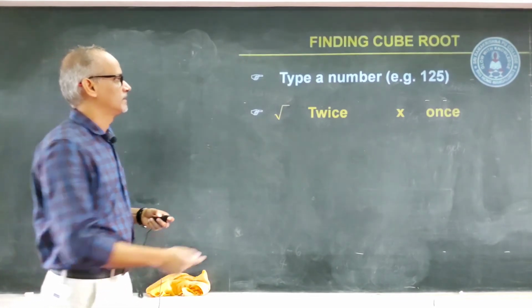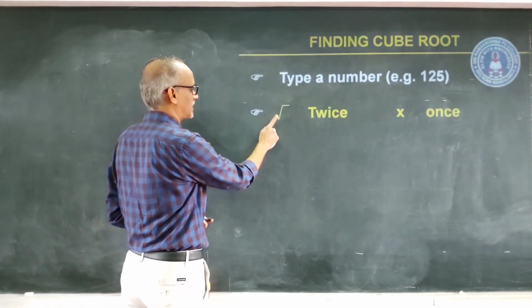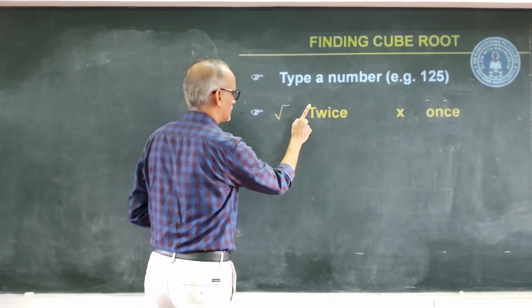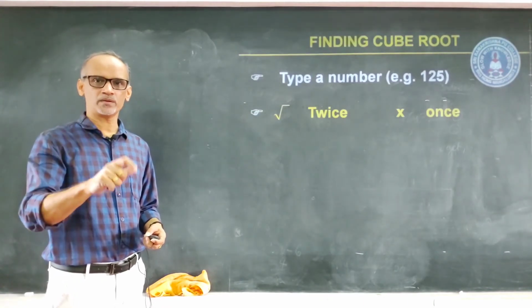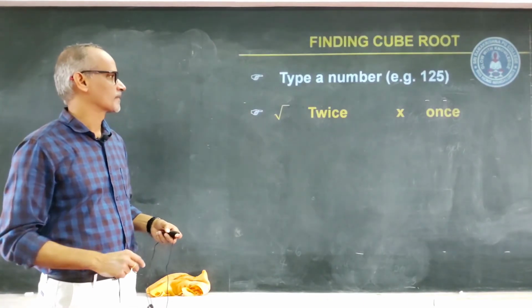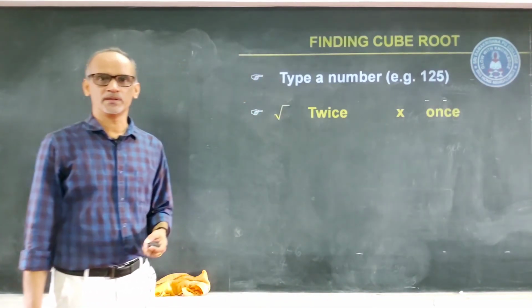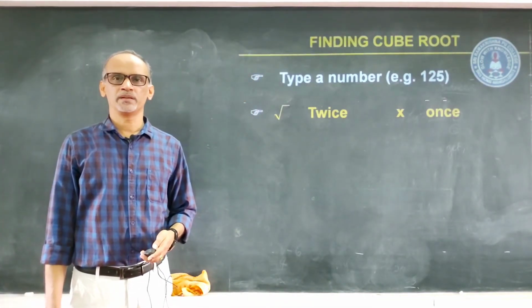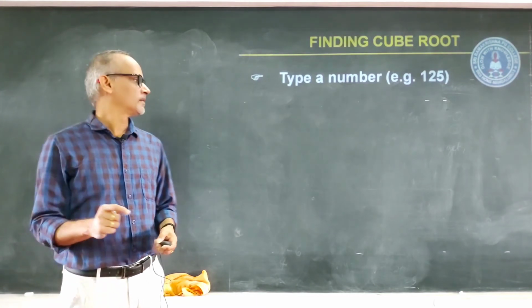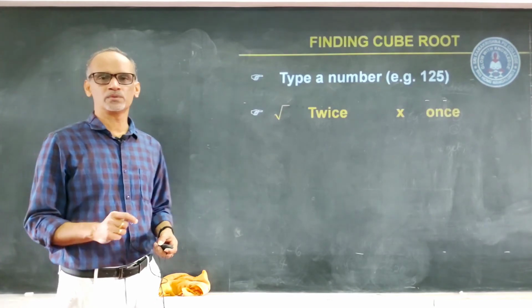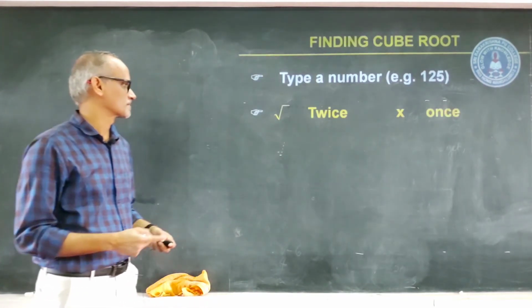Now after that you have to type the square root twice, not once. So press square root twice, and then press the multiplication symbol once. Let me tell you once again. First type the number and then press the square root twice, multiplication once.